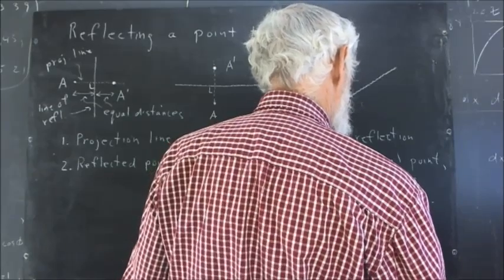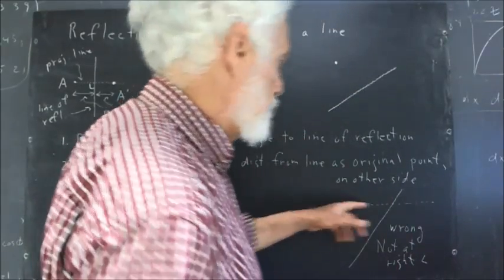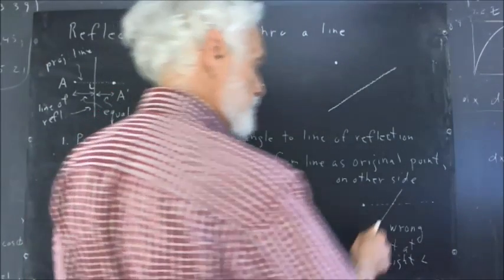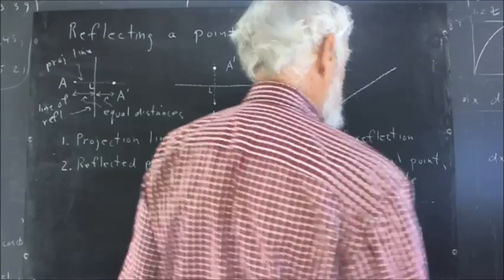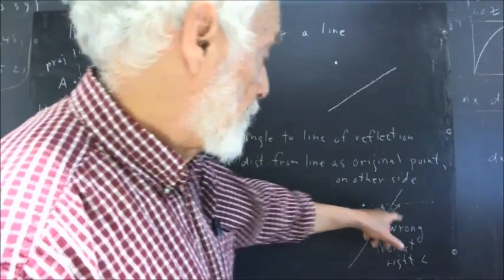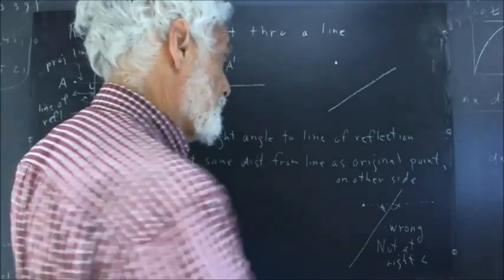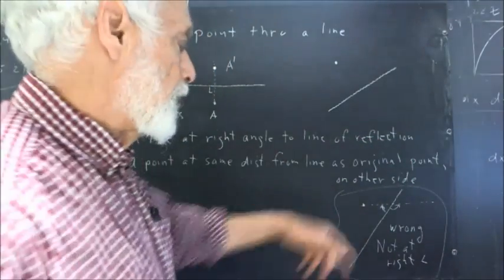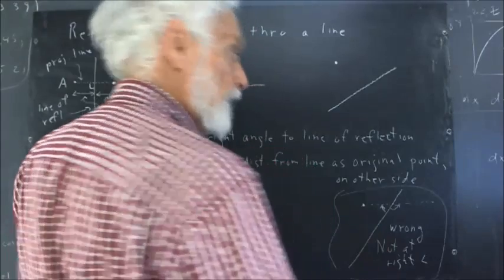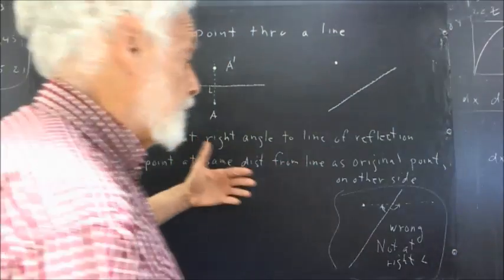Well, what's wrong is that the reflection line's not at a right angle. This angle and this angle are very different. These angles would have to be the same if this was a right angle. So that's one example, or straight down, or in the direction you went on your last construction. Okay? But we don't do that.